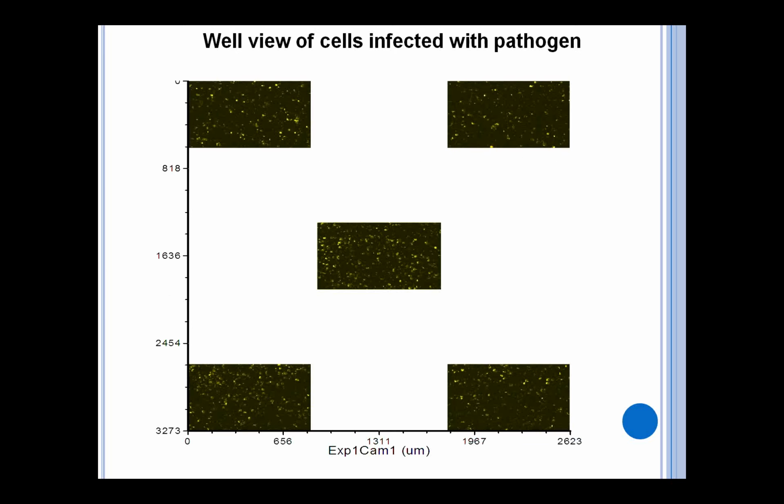This is a well view of the cells infected with the pathogen. The green spots you see are the cells infected with the pathogen, and this image is obtained from the FCS export, which gives access to the images analyzed and stored in Columbus.